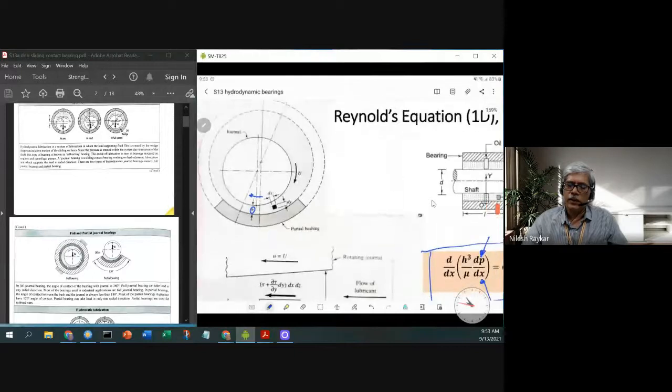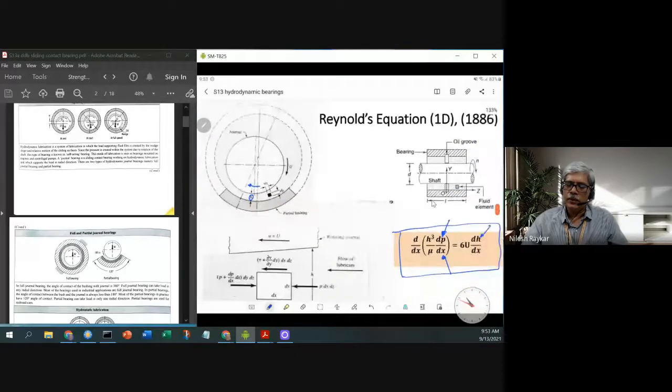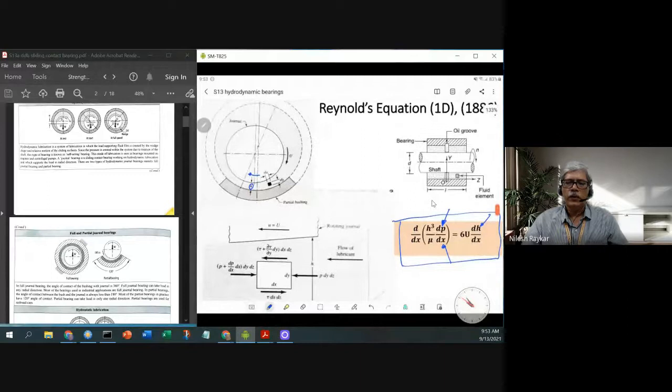So finally, we get an equation which you are going to derive in this week's tutorial. We will see the final form. We will get this particular differential equation. If you solve this differential equation, you will get P in terms of X, and that is how the load bearing capacity can be determined.